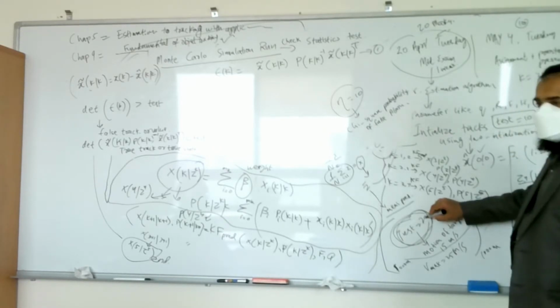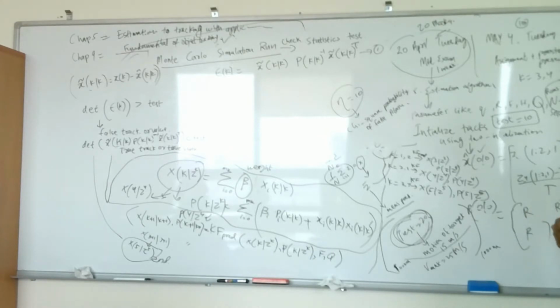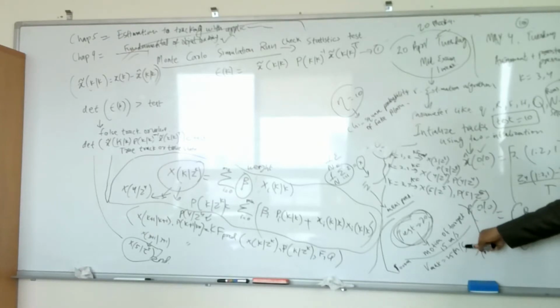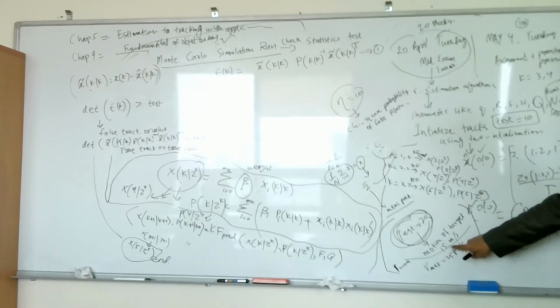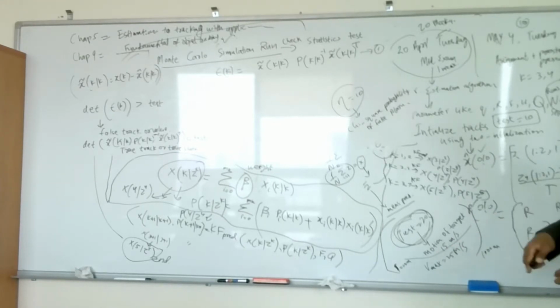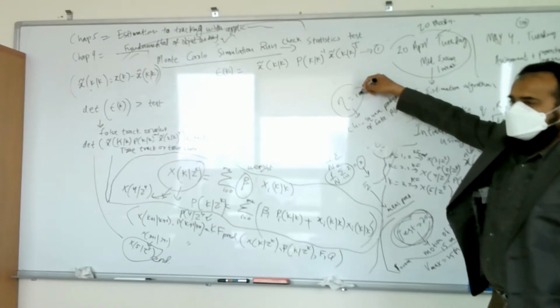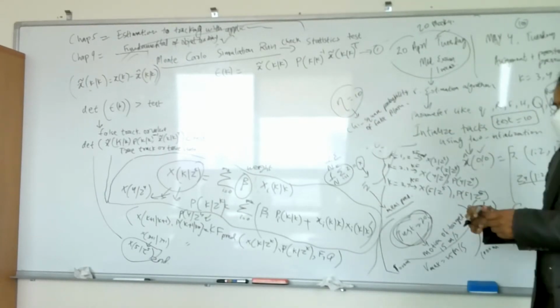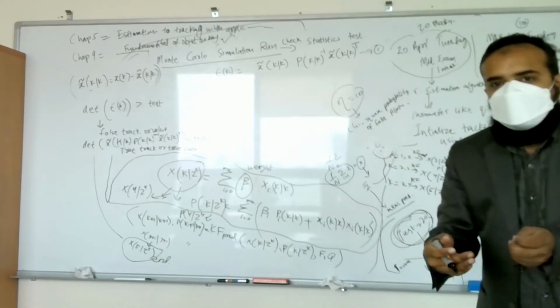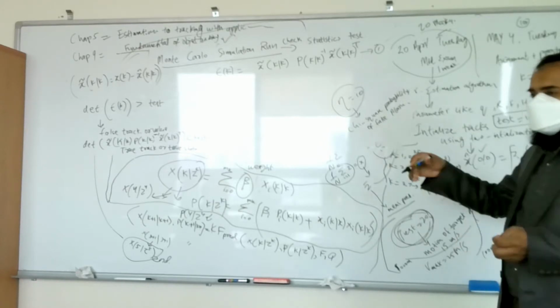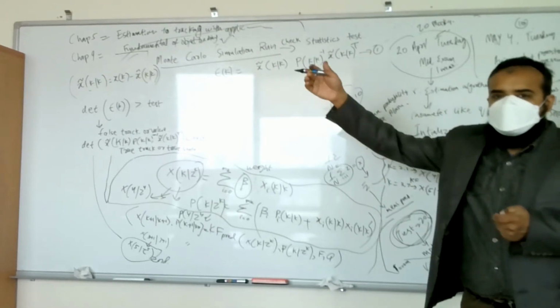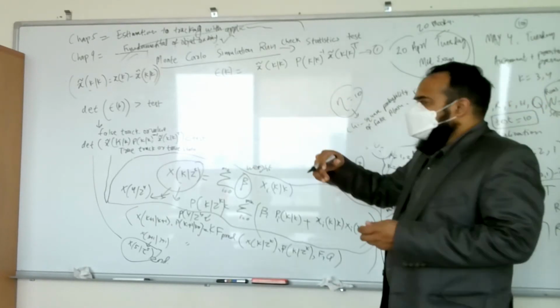So again, it depends on the velocity and the maximum velocity of the target, and also the surveillance area. If your area is bigger and the motion of the target is high, then you cannot choose this value; you can choose a different value, because your target position depends on the velocity. If the velocity is high, then in each scan the position of the target will jump to a farther position.